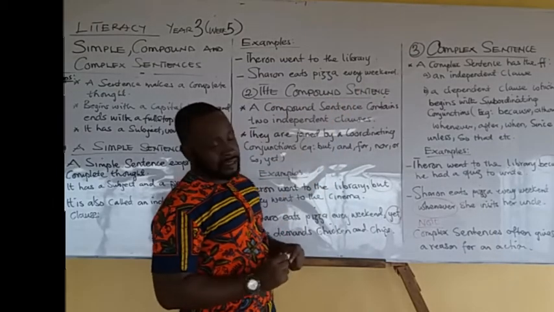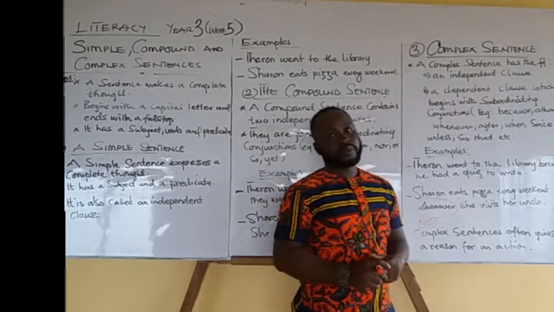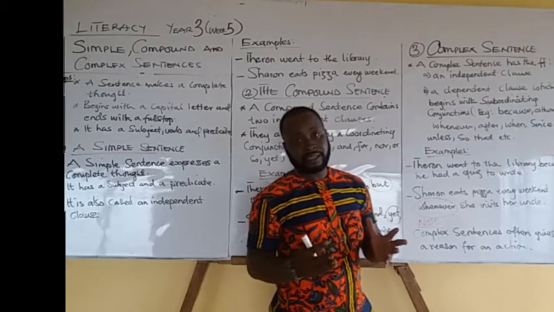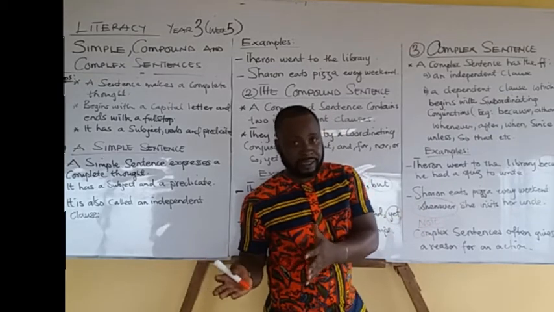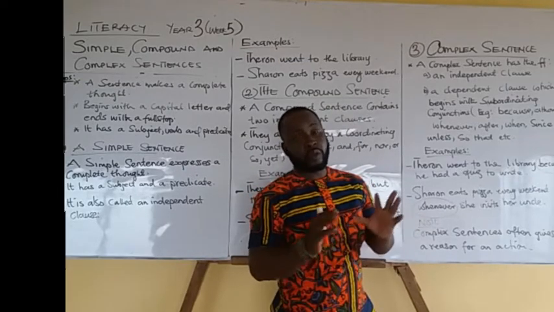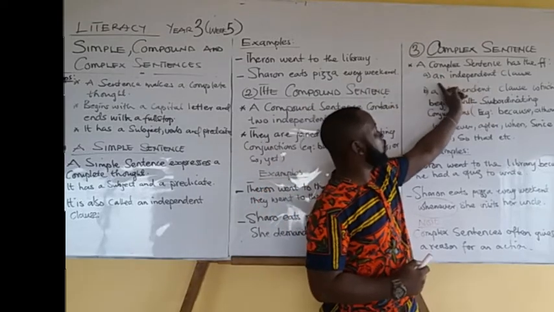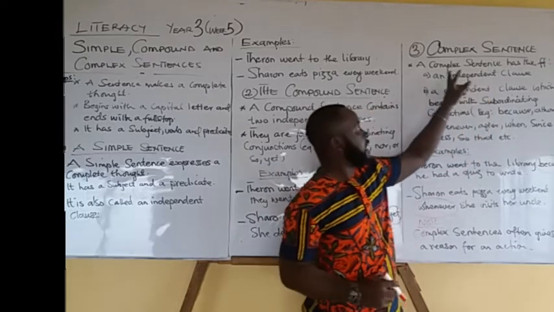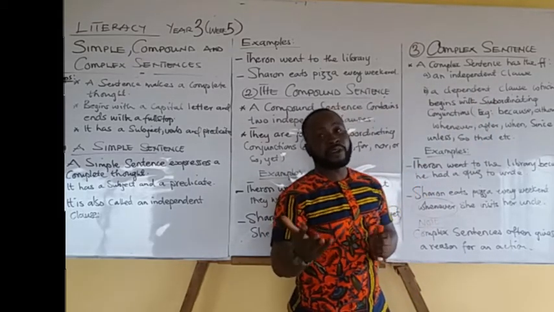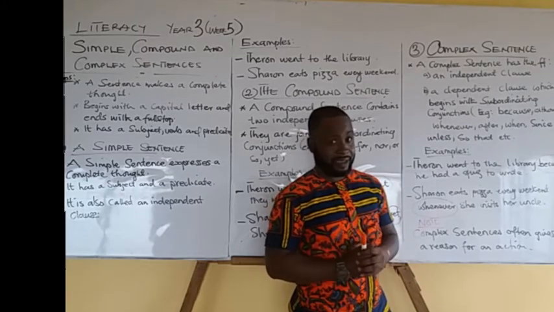Let's move on to our last kind of sentence, that is a complex sentence. Well, we may say that complex could be defined as a compound sentence that is more than one or more than two. Complexity. Okay. Now here, a complex sentence has the following. First, it has an independent clause. Remember, we said an independent clause is the same as a simple sentence, right?